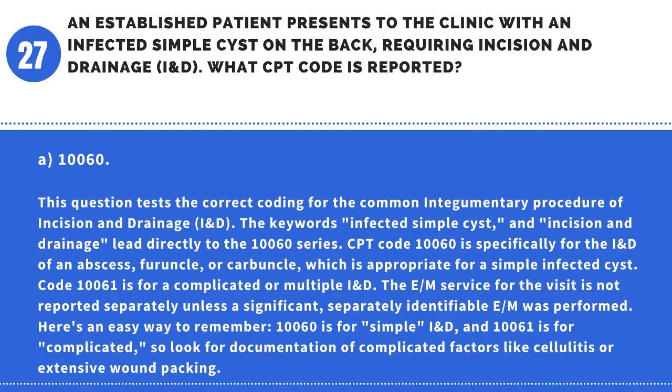Code 10061 is for a complicated or multiple I&D. The E/M service for the visit is not reported separately unless a significant, separately identifiable E/M was performed. Here's an easy way to remember: 10060 is for simple I&D, and 10061 is for complicated. So look for documentation of complicated factors like cellulitis or extensive wound packing.